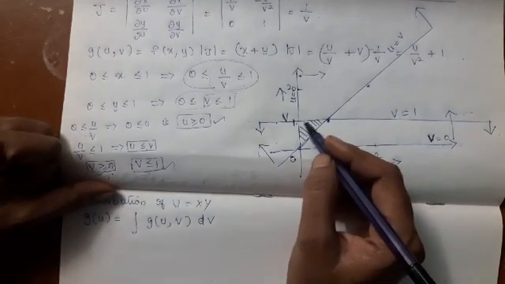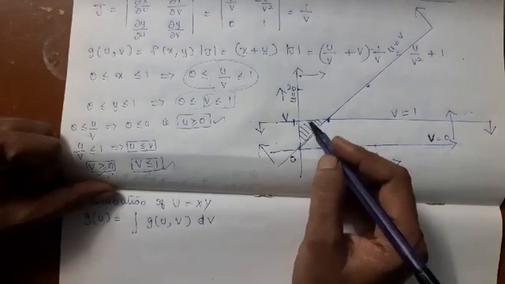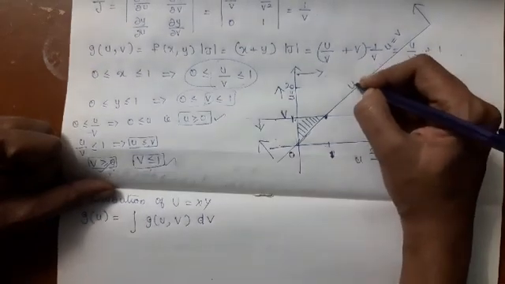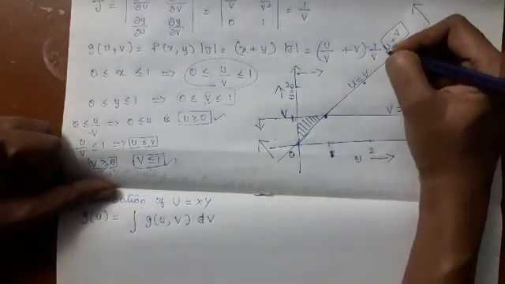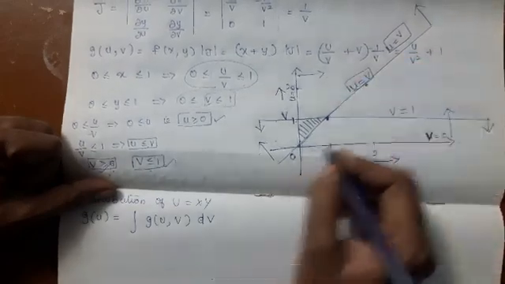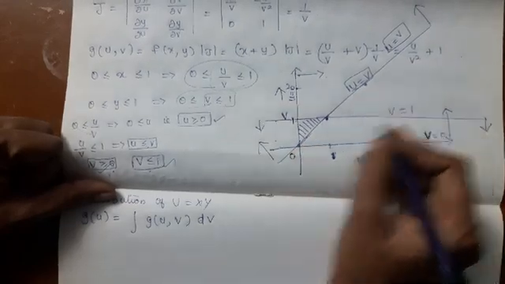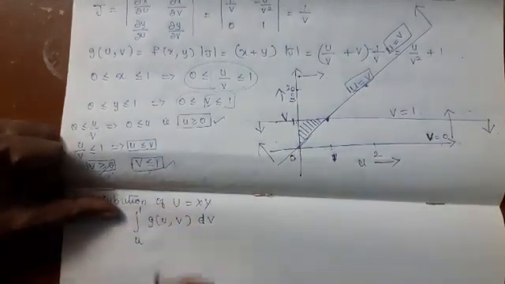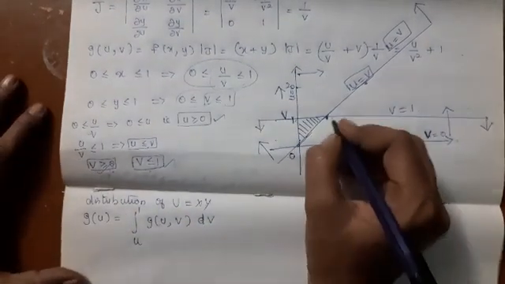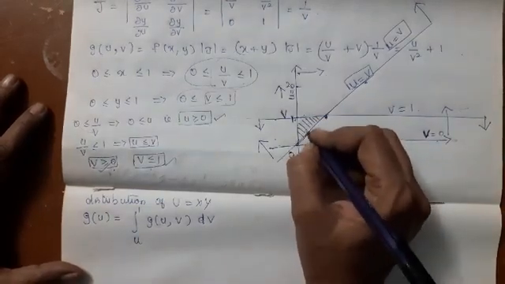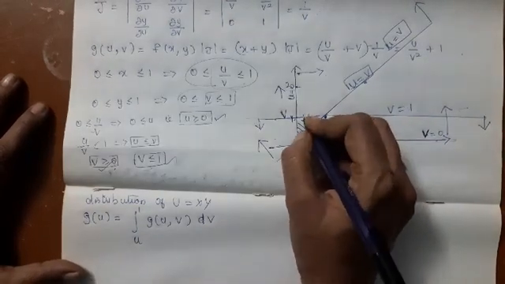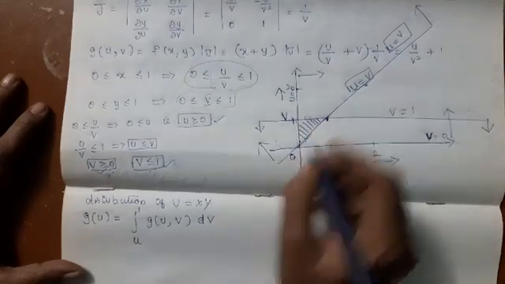From this line to this line. This line is u is equal to v. So here v is equal to u to v is equal to 1 is the range of integration. You are integrating from this line to this line, right? This is the guiding line.